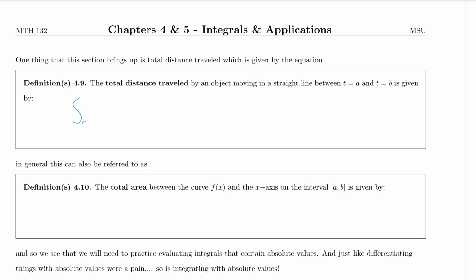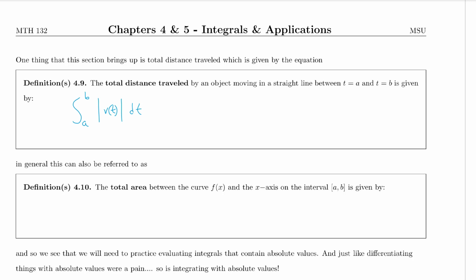So we want to be adding up all the area that's traveled in between time A and time B, and we want to take the absolute value of the velocity function because that is going to give us a positive distance regardless of what direction we're traveling in.